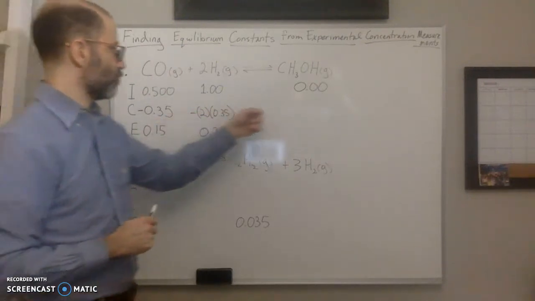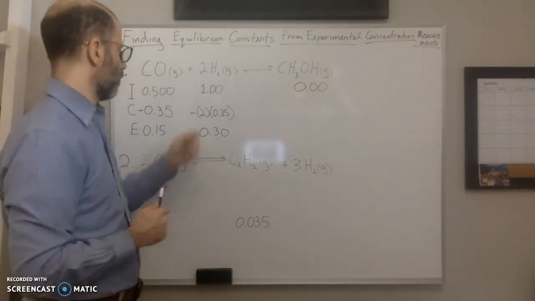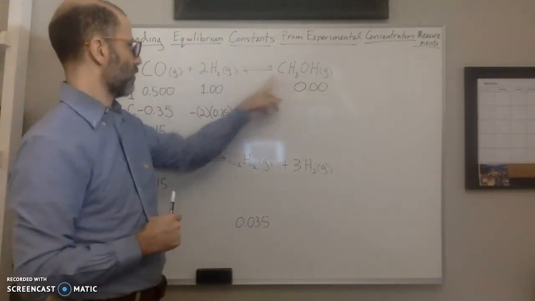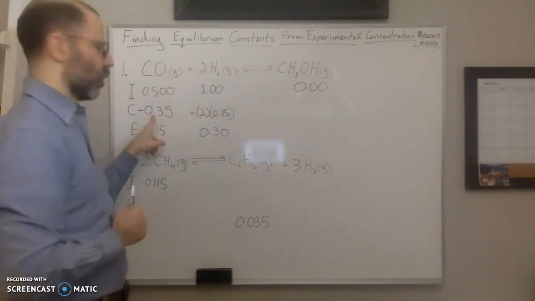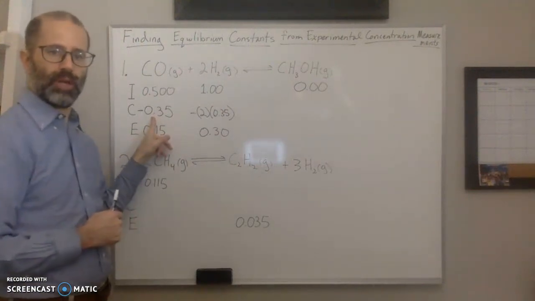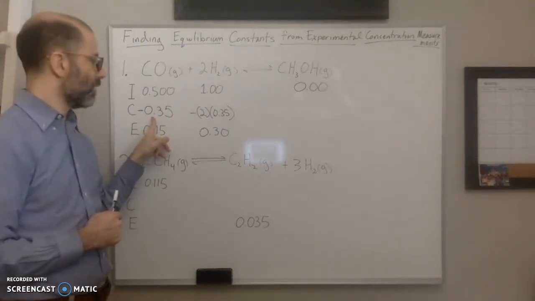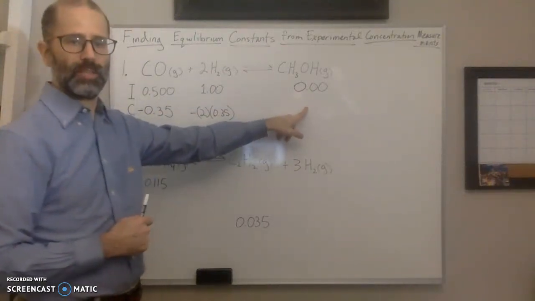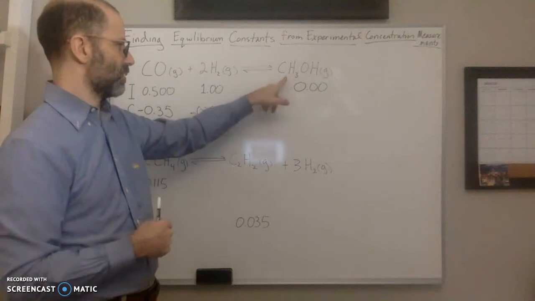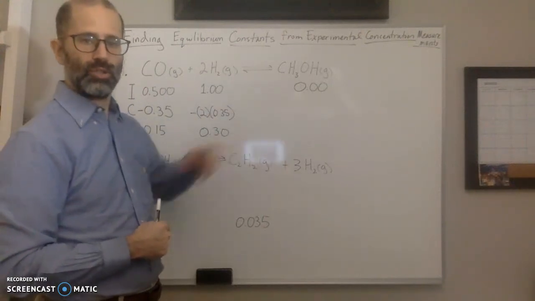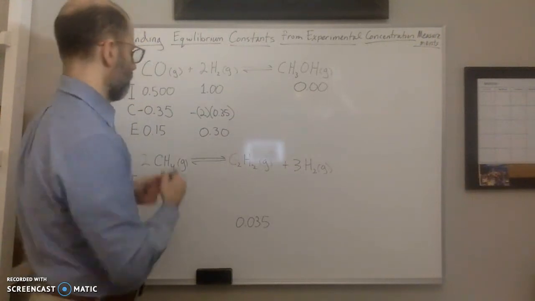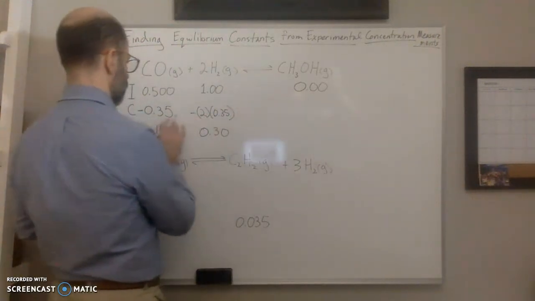Now I can also do the same thing for my methanol. So between carbon monoxide and methanol, it's a 1-to-1. So since I'm losing 0.35 here, I'm going to gain that same amount over here. Since this is a product, I'm gaining product, going from 0 to whatever it is.